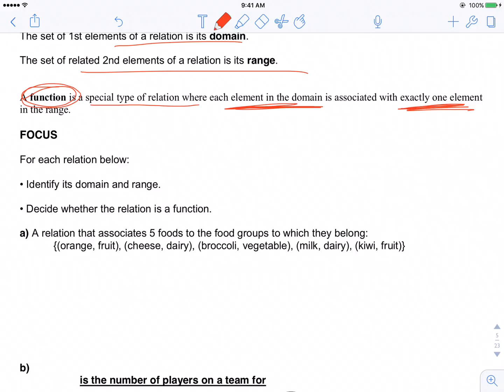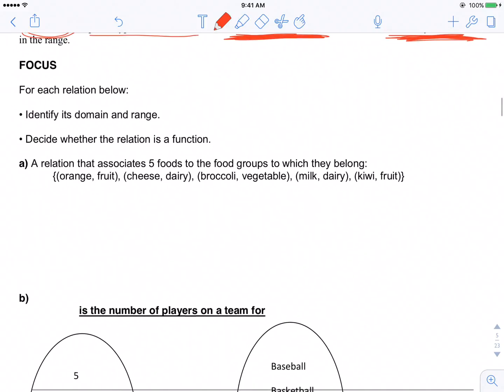When we take this to graphing using x's and y's and our coordinate axes, we'll talk about how we can very quickly identify a function or not a function. But for now, we just have to remember that one domain value can only give rise to one range value.